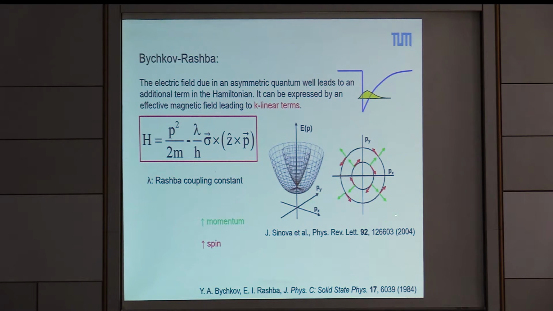And typically we are lazy, so we don't draw both parabolas, but only one of them. Okay, so that's a k-linear term in the Hamiltonian. You can have different k-linear terms in the Hamiltonian. You can also have a bulk asymmetry, and then you will get Dresselhaus-type terms.